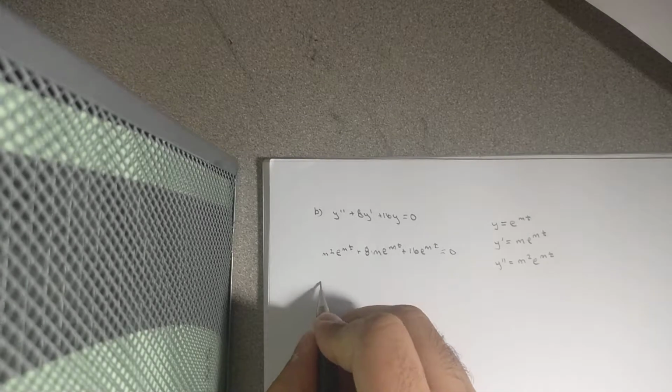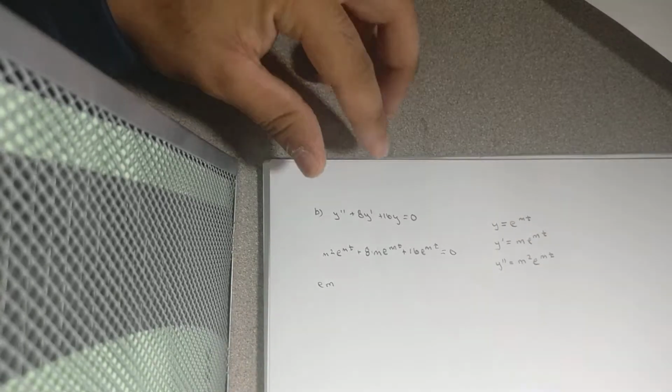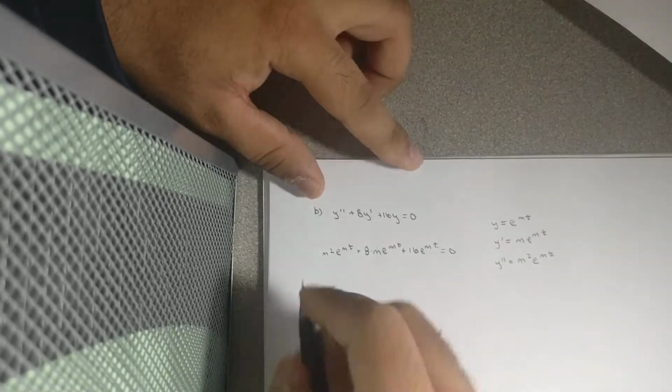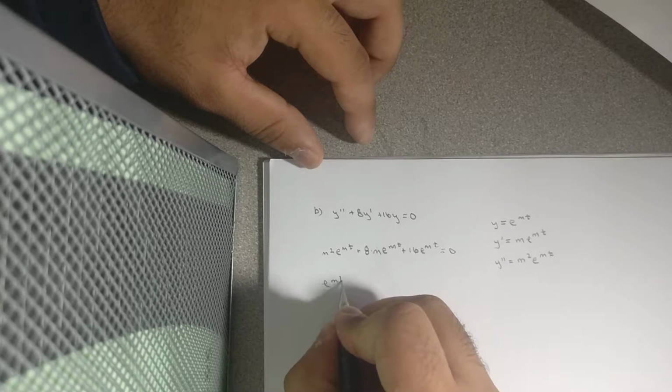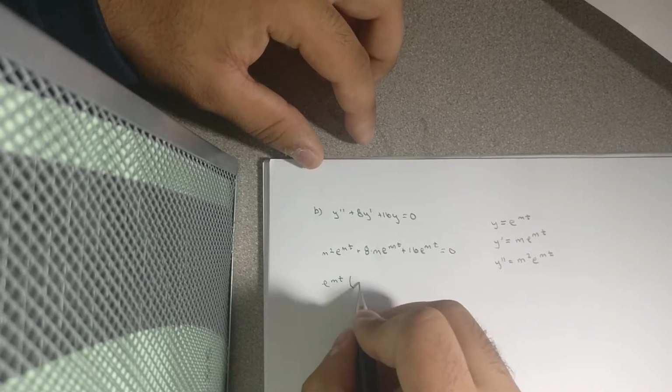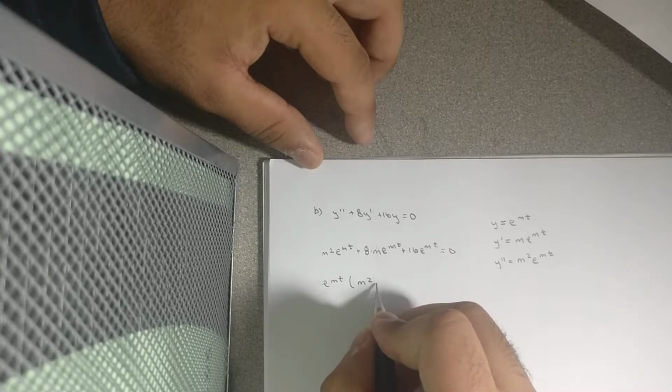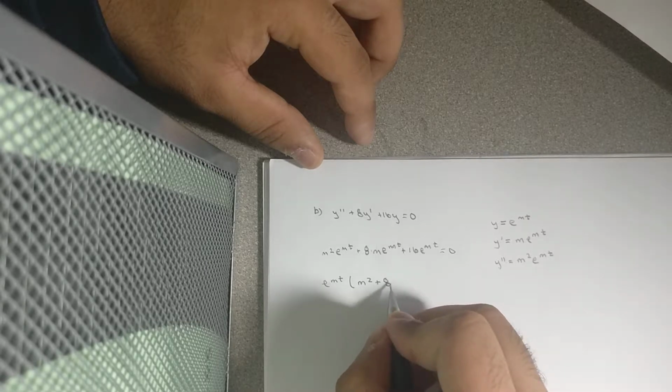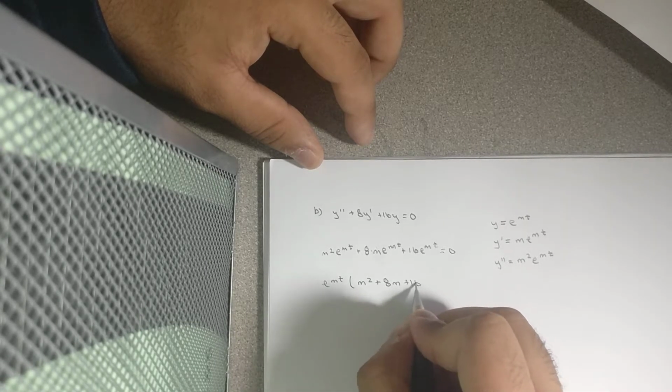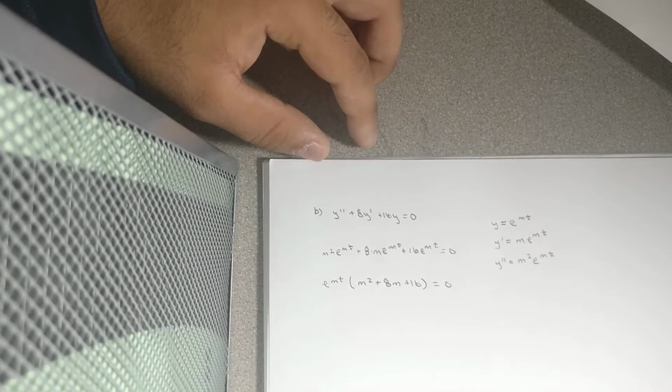So then let's factor out e to the mt here. Inside we'll be left with m squared plus 8m plus 16 equals 0.